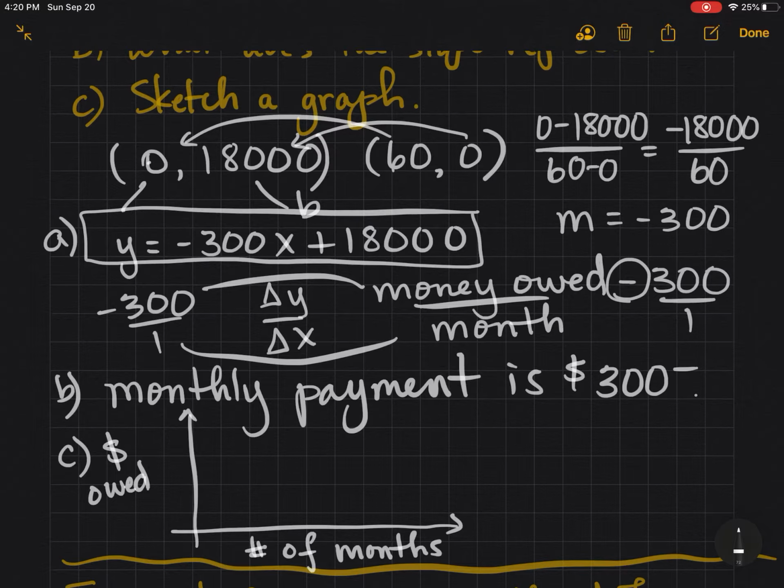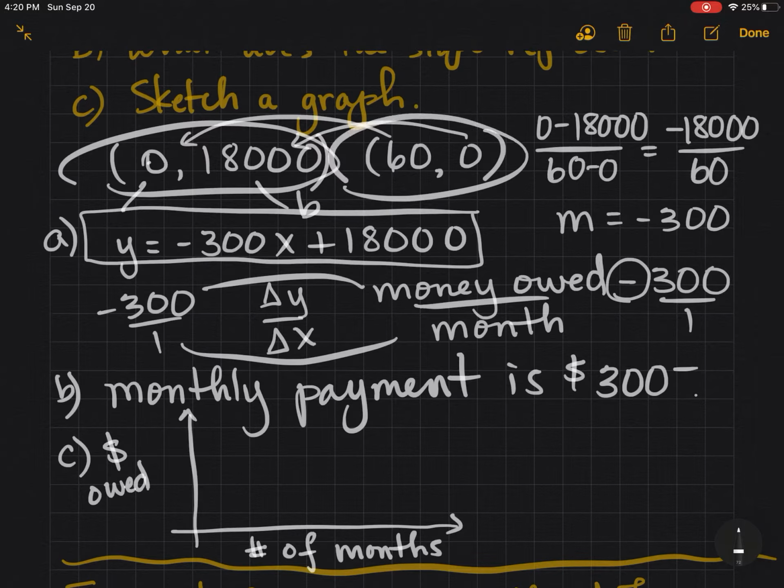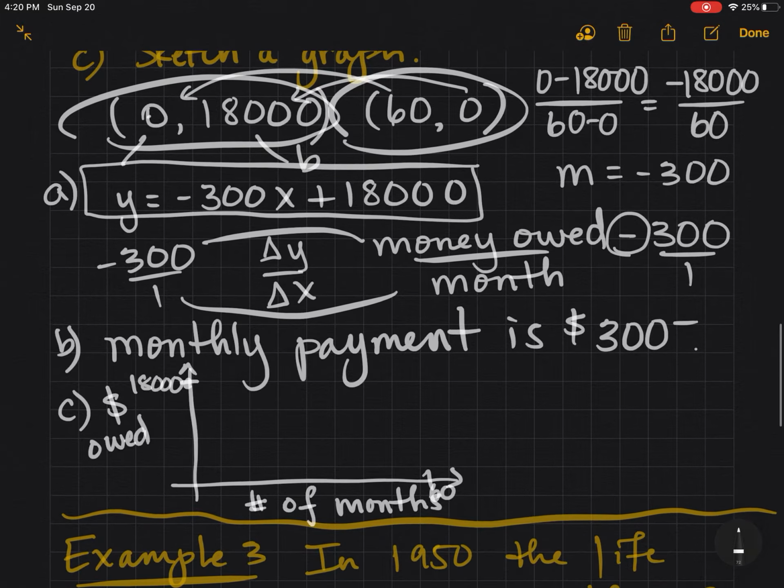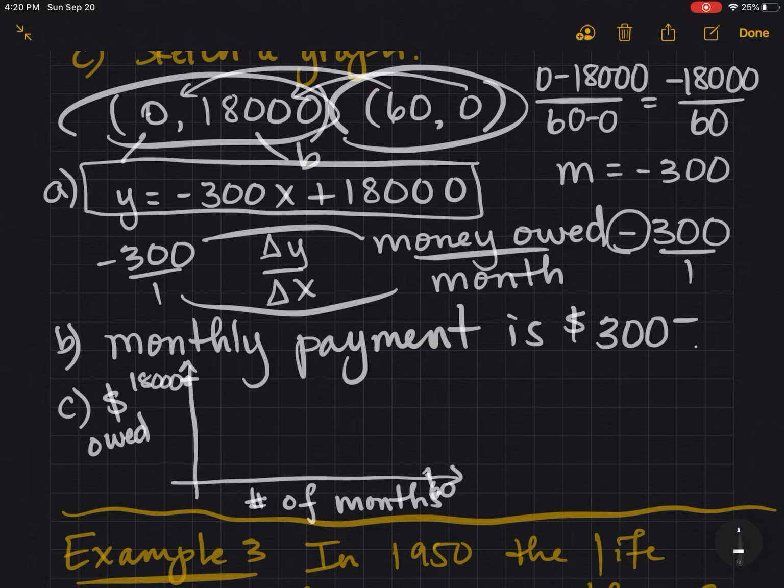When I sketch a graph, sometimes I just use the 2 points that I work with, and it makes for a quick, easy sketch. (0, 18,000), I'm going to let be here. And 60, I'll just let be over here. So connect those 2 points, and that's a good sketch.